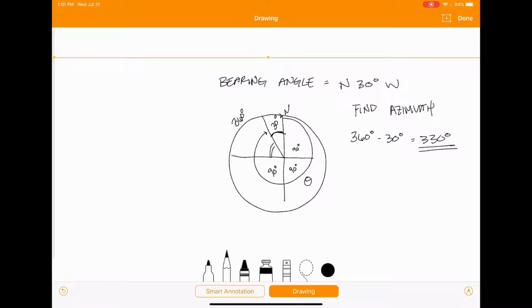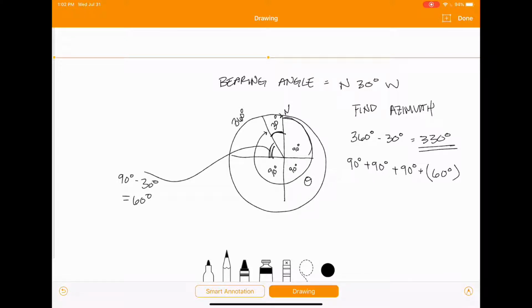Or if you like to just work your way around, it's going to be 90 degrees plus 90 degrees plus 90 degrees plus whatever this angle here is, which we can calculate as 90 degrees minus 30 degrees. It's going to be 60 degrees. So 60 degrees there.